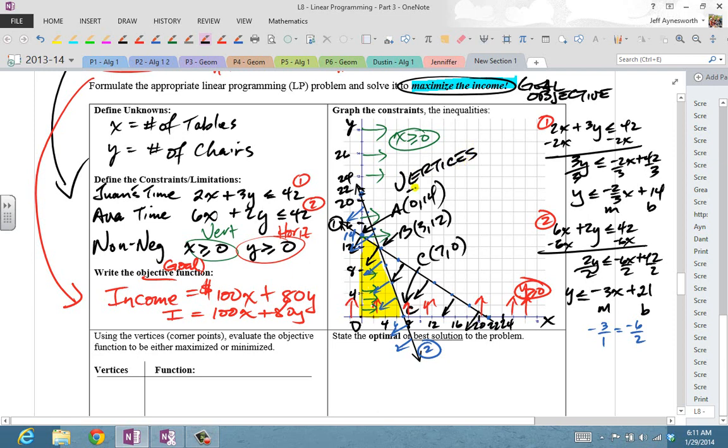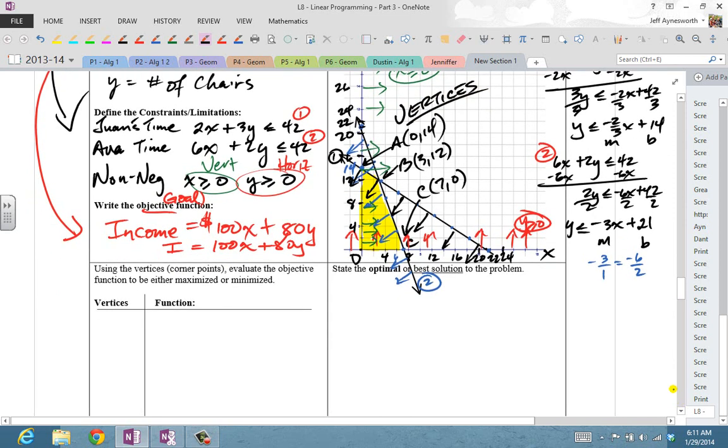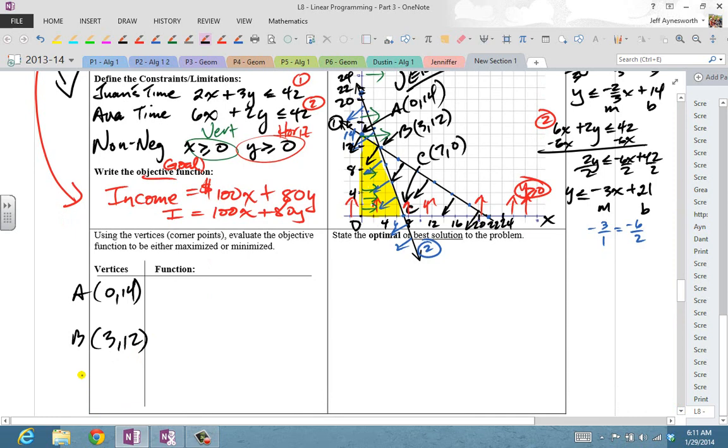But the question is, which one of these maximizes the income? I don't know. So what we need to do is go further here. We need to take our vertices, bring them over here, substitute them in our objective function, and see which one maximizes the income for Juan and Ava. So let's go ahead and record these over here. C is 7, 0.